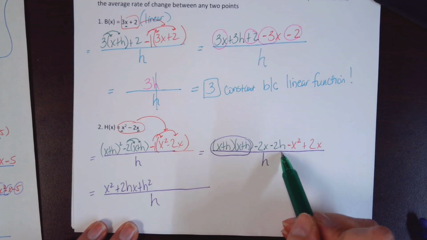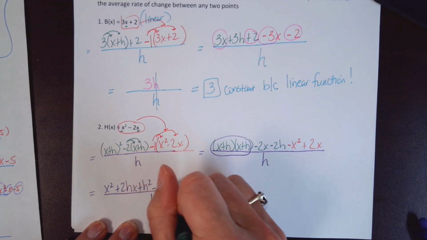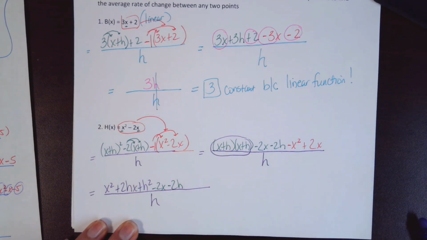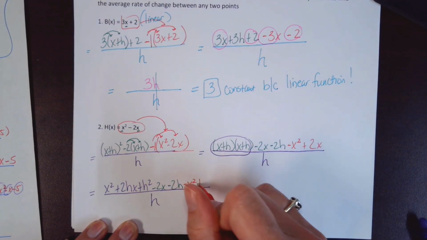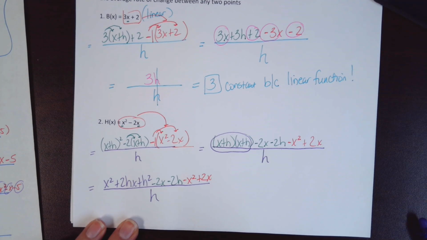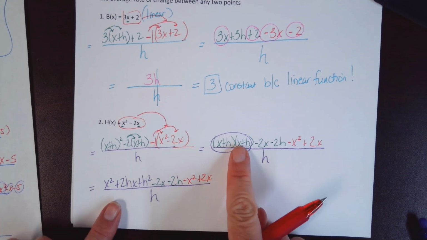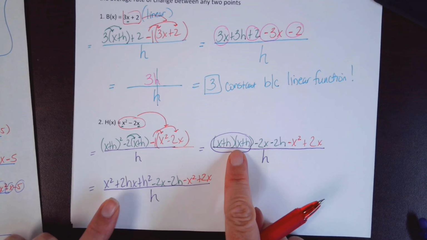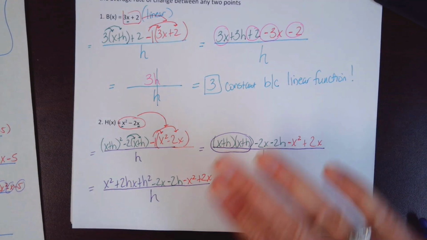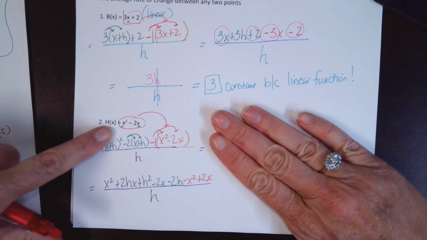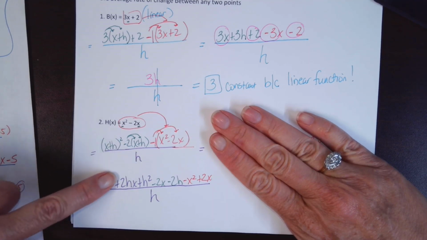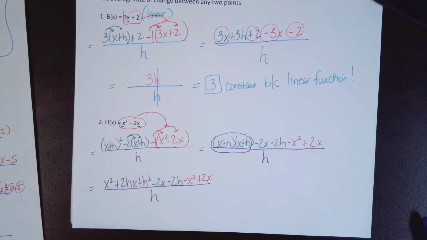And then I already had minus 2x minus 2h and minus x squared plus 2x. So here, I FOILed my x plus h quantity squared. You can absolutely go straight from here to there. Just don't forget that when you multiply a binomial times itself, it gives you 3 terms.